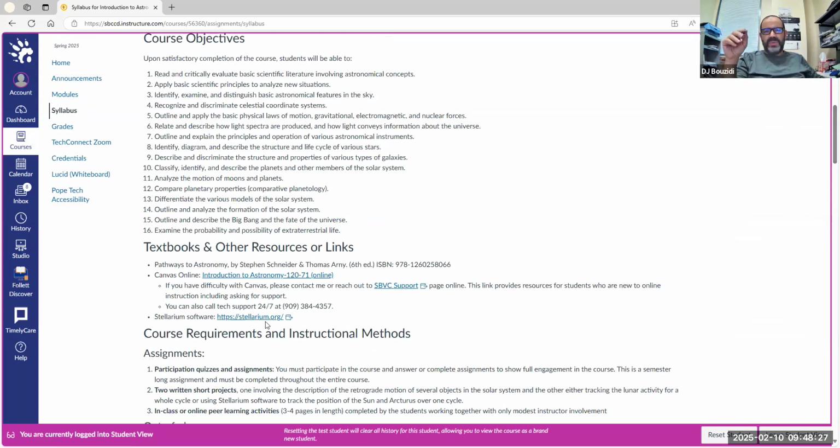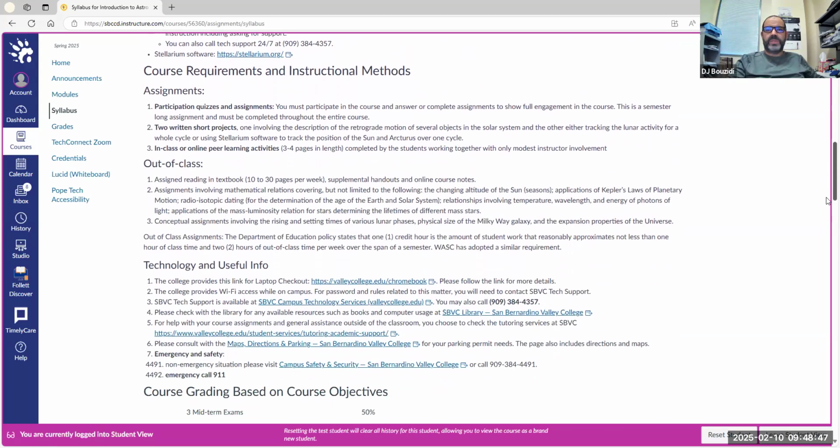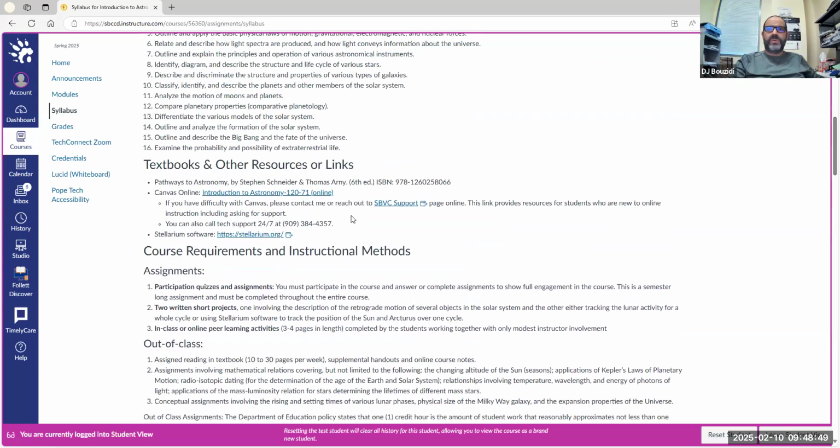It's Stellarium, which is actually used by companies nowadays for planetariums. If you're taking my Astronomy 125 class, which is the lab version of this class, you will see that we use this software a lot to track the motion of the moon, the sun, and different objects in the sky, whether in the solar system or outside of it. And it's free software, so it's not something you're going to pay for.